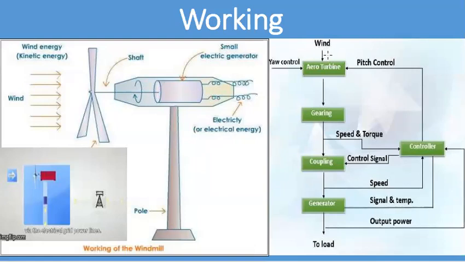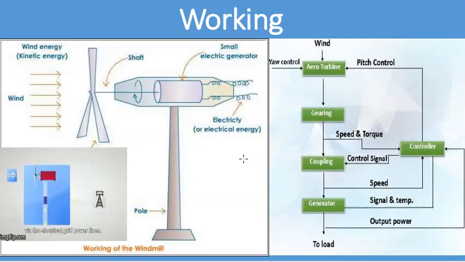So this is the wind. This is the aero turbine carrying the coupling generator. This generator will send speed signal and temperature to the controller. This controller controls the load and speed, torque controlling signal, speed signal and temperature, output power. This is gap control.